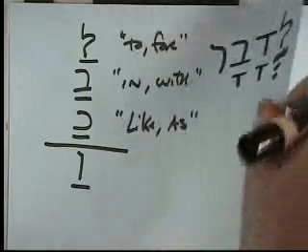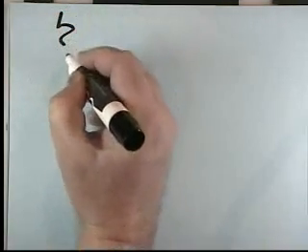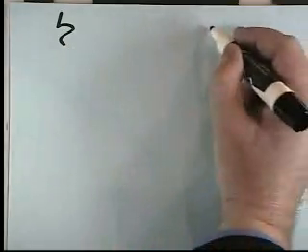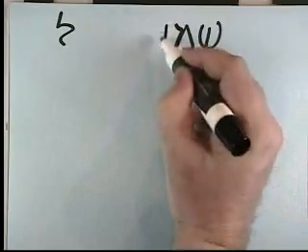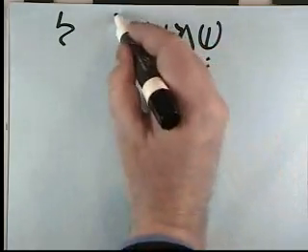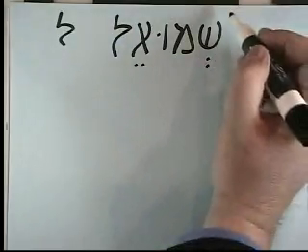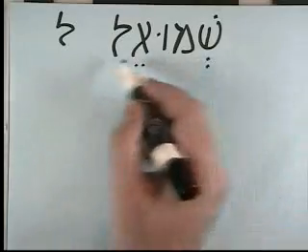Now, the second way that these can attach would be before a vocal schwa. If we had a lamed, let's say, attached to a word that begins with a vocal schwa, such as the name Shemuel. Shemuel means Samuel.